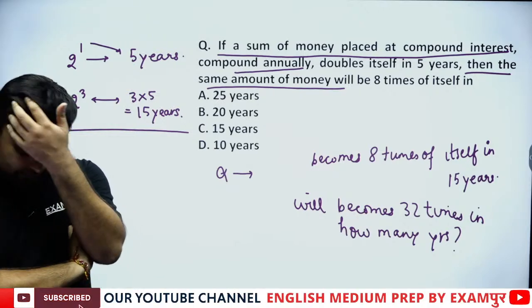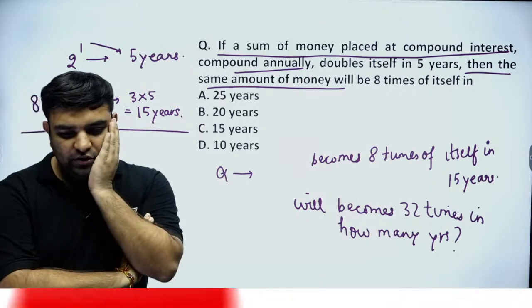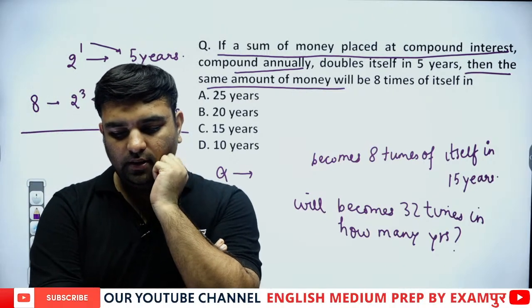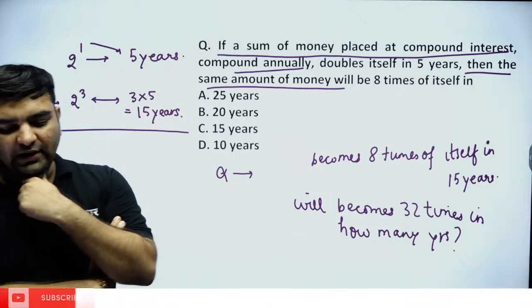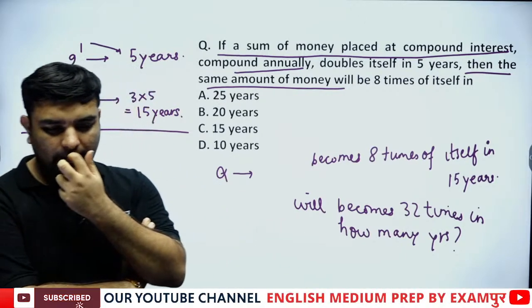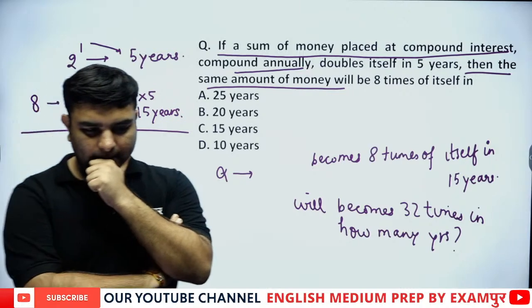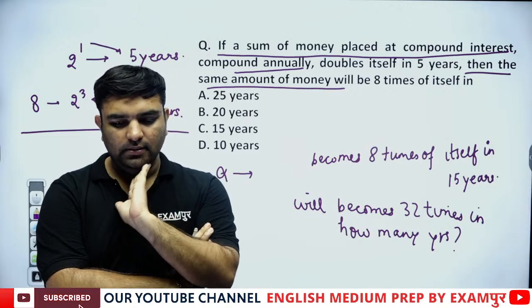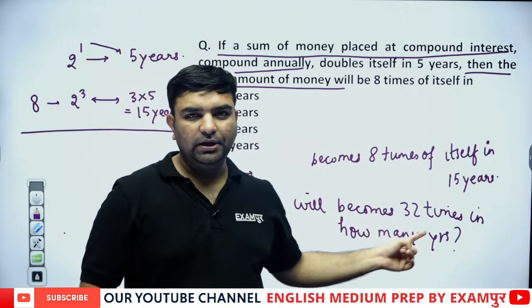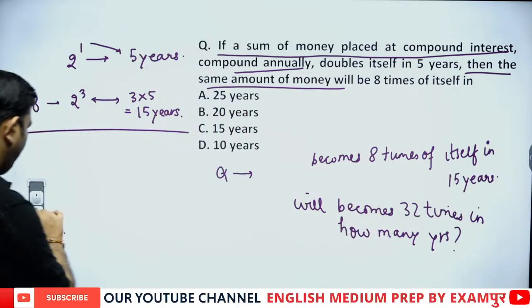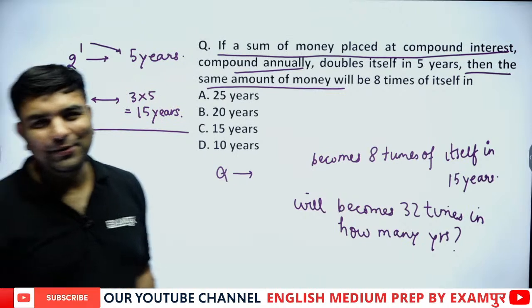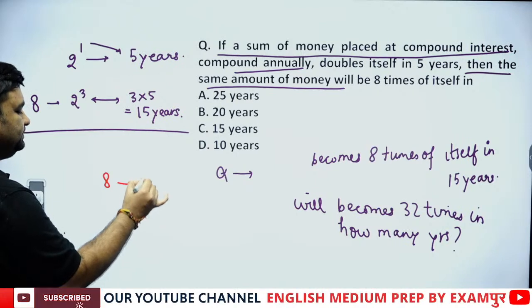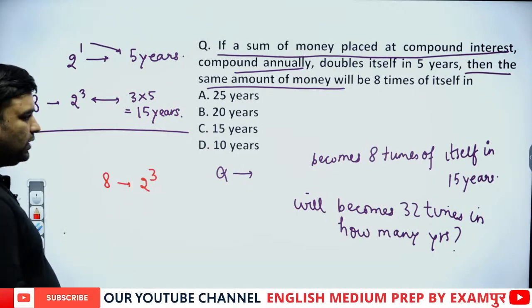8 times 4 is 32, so 15 times 4 is 60? No. You will be saying, sir, 8 means 2 cube.